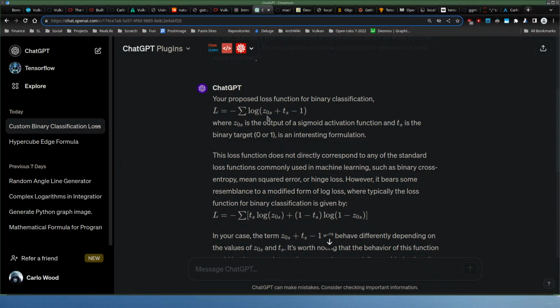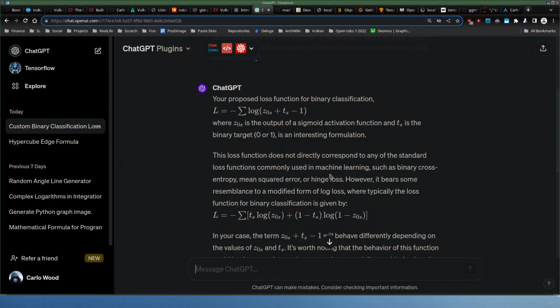The log of... Oh, wait a minute. It's inverse. I have z minus 1. What did I say? If t is 0, I have z minus 1 instead of 1 minus z. And if t is 1, then we just have the log of z.